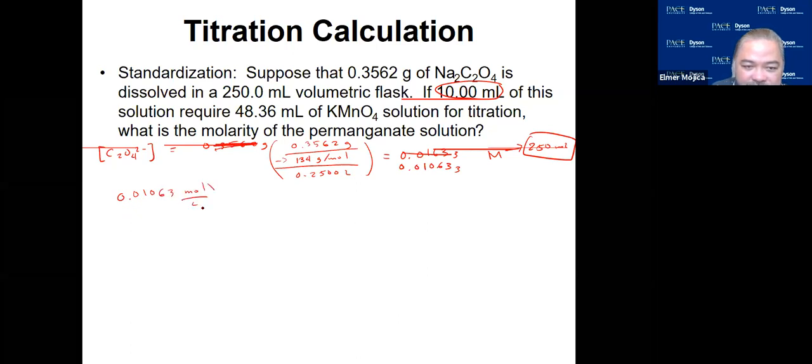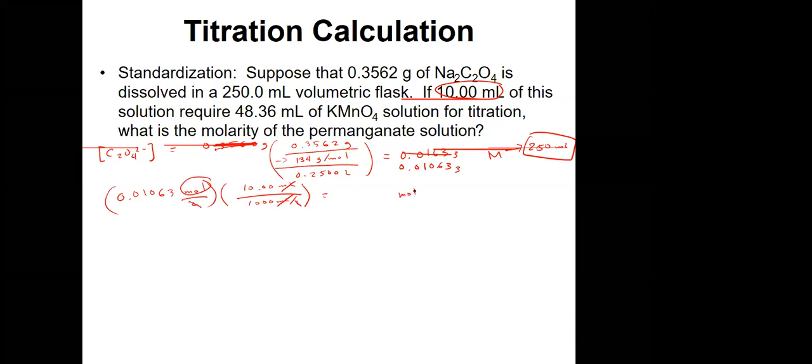So the next thing that you're going to do is you have that concentration and then you multiply it with the 10 ml over 1,000 ml per liter, to give you what unit? Moles.